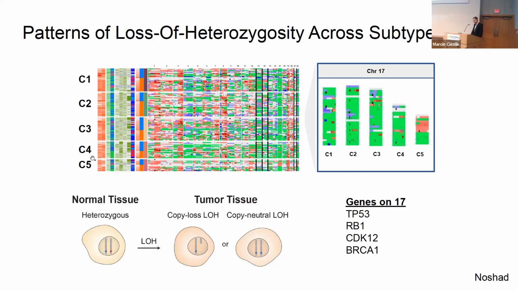So when we organized the data by those clusters and looked at the patterns of heterozygosity, we observed something we didn't expect. When we looked at chromosome 17, we found, as expected, that most of the samples had a lot of LOH, loss of heterozygosity, across all of the clusters. This is expected.